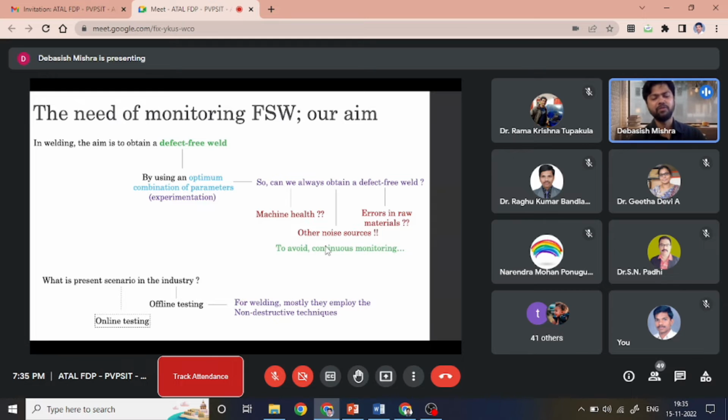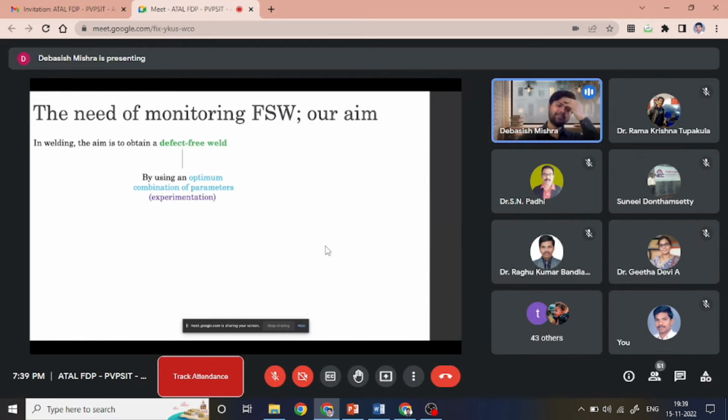And our objective was to replace the offline test. As I was saying, the need for monitoring the welding process is because we need to always obtain a defect-free weld. And as we know from the experiments, we always get to know the optimum set of parameter combinations. But in actual industrial practice, it happens that several things may go wrong.